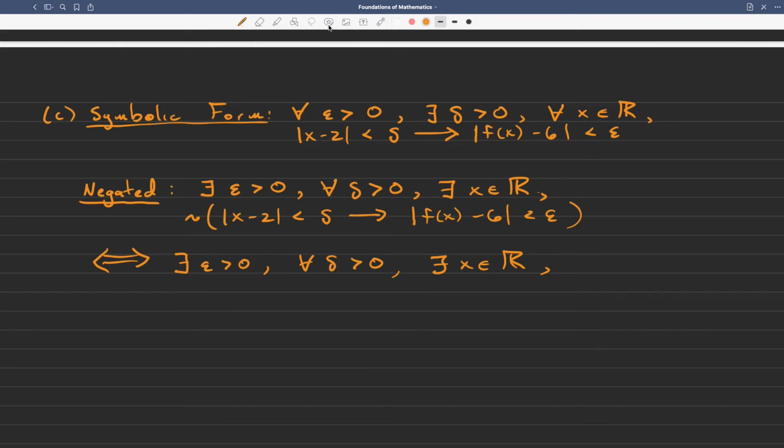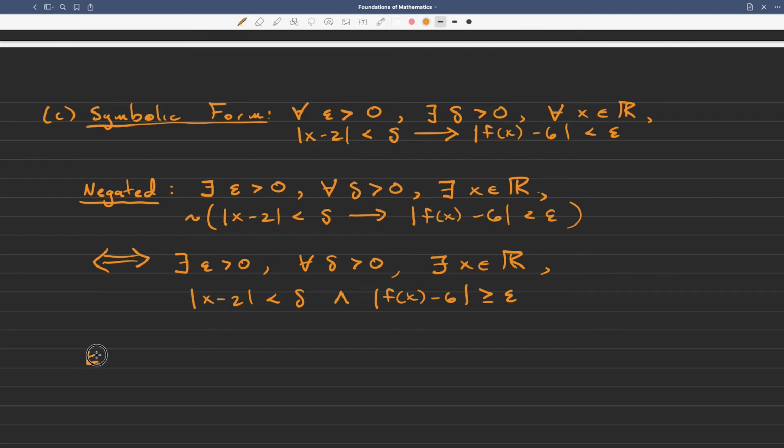In that tautology that I just wrote down, this is your P, and this is your Q. So it's P and not Q. So it'd be like this: absolute value of x minus 2 is less than delta, so P left alone. Then it becomes and then not Q, you just have to flip the inequality. So this becomes absolute value of f of x minus 6 is greater than or equal to epsilon. So that's sort of the final form of our symbolic negation.